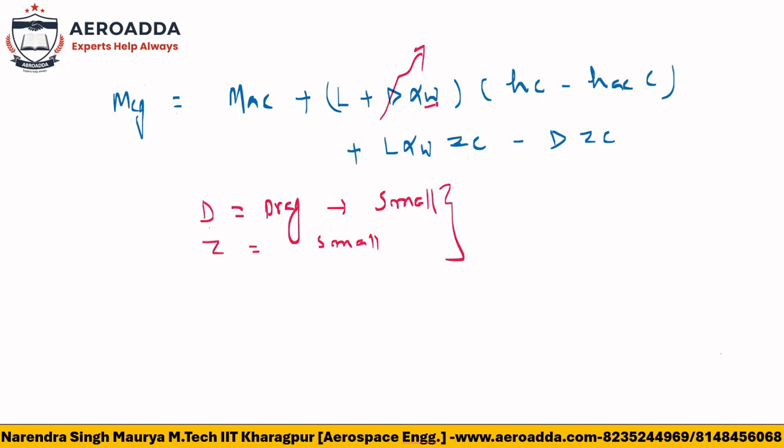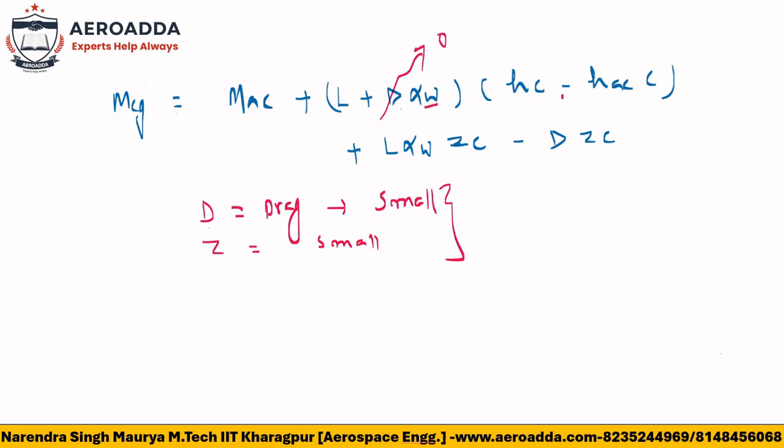Alpha w is already small, and drag is also small. You cannot say drag is 0, but it is small, and alpha w is small. So two quantities both small, small into small is even smaller, so it will be 0.